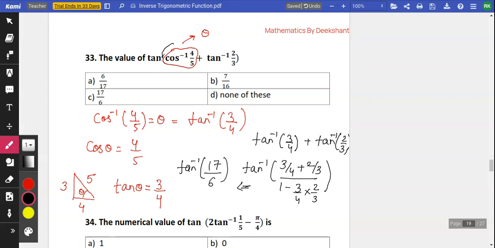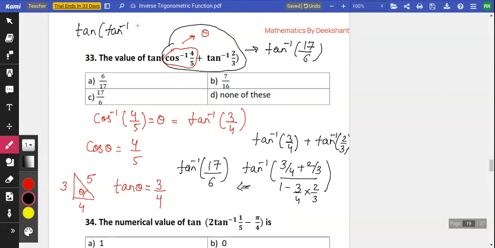So this whole term is equal to tan inverse 17 upon 6. Therefore the correct answer is option C.